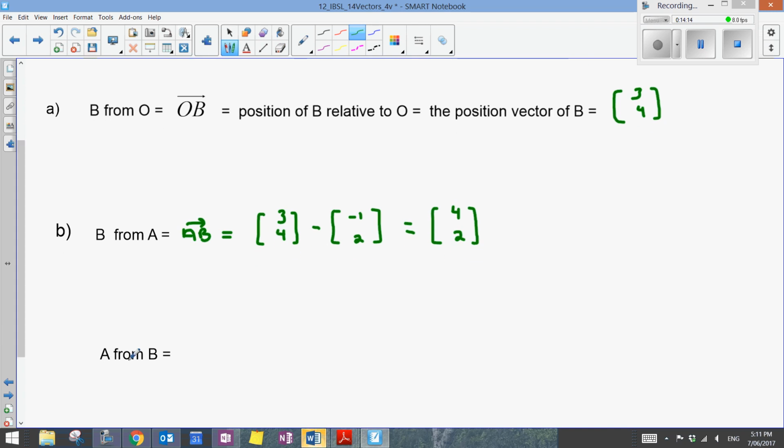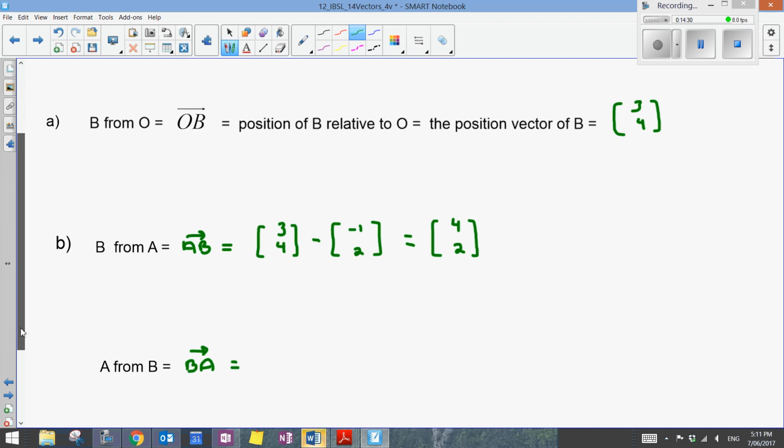Similarly, if I went to A from B, that means I would want to go from B to A. Now, since I've already found AB, I know it's going to be just the opposite, so it should wind up being -4, -2, but let's go ahead and use our points just for practice.